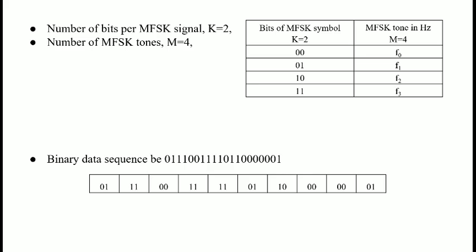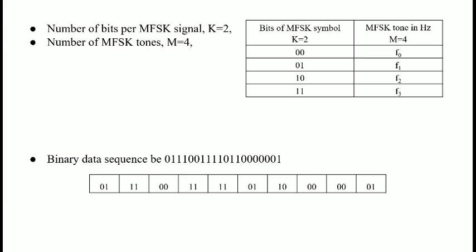Solution to this problem. Consider the first two parameters. The number of bits per MFSK symbol, capital K, is equal to 2, and the number of MFSK tones, capital M, is equal to 4. Here we are going to construct one table for these two parameters. If we consider 2 bits of MFSK symbols, there will be 4 combinations, given by 0 0, 0 1, 1 0, 1 1.